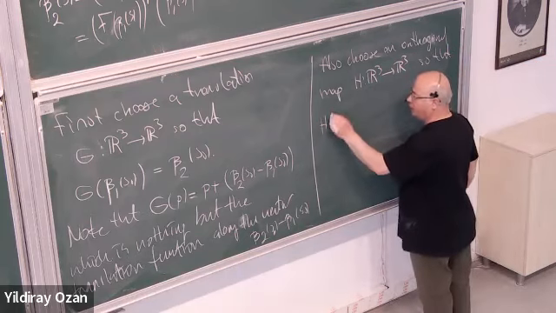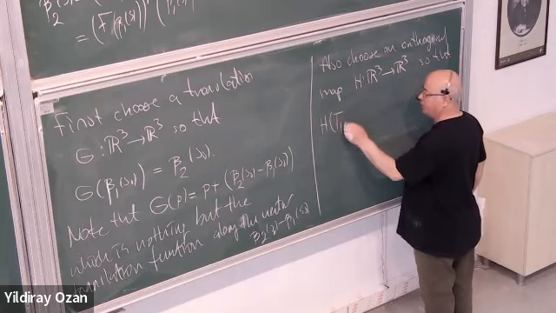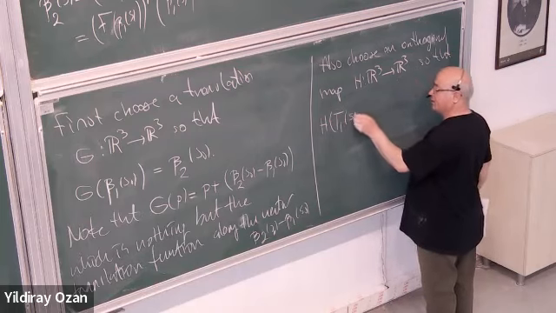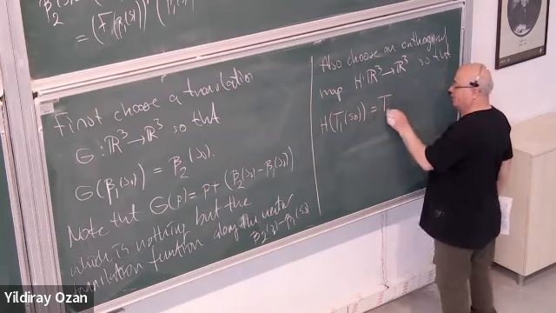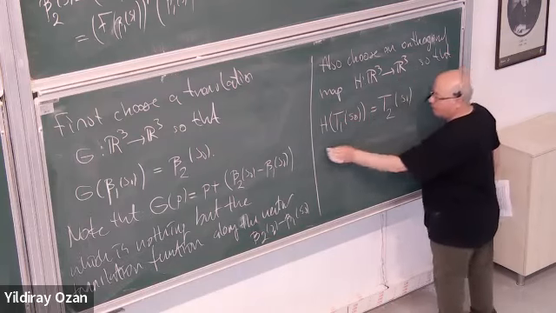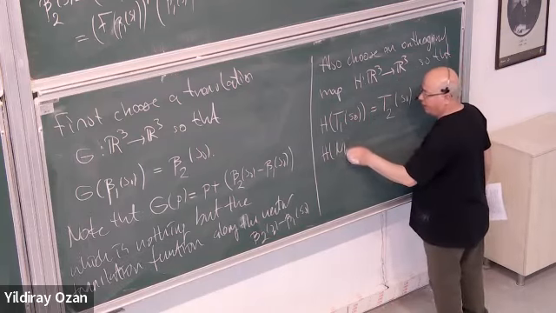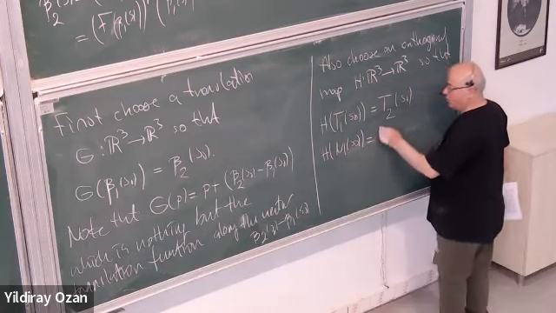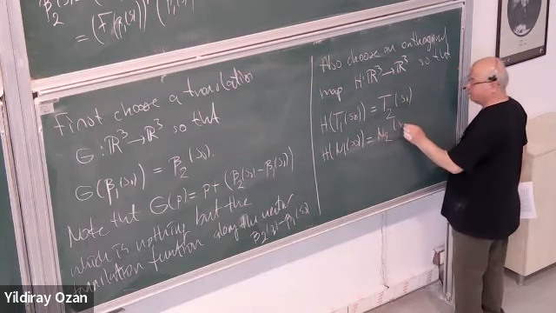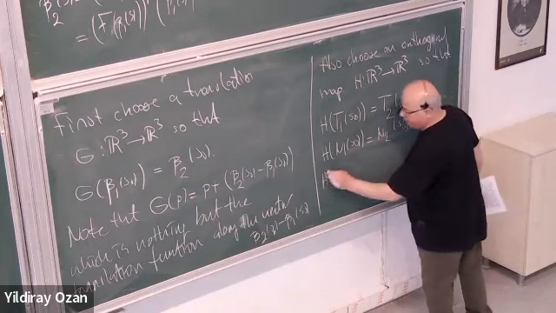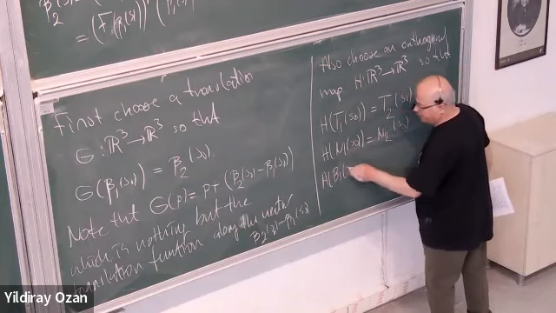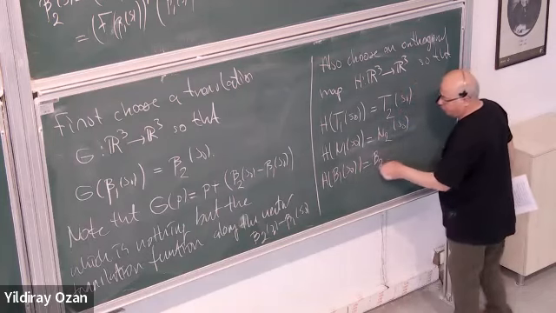So H of T1 S0 is T2 S0. H of N1 S0 is N2 S0. And H of B1 S0 is B2 S0.